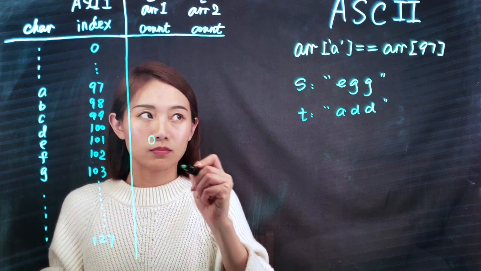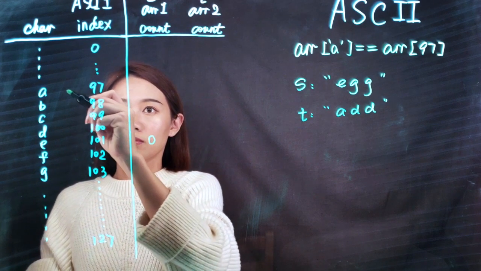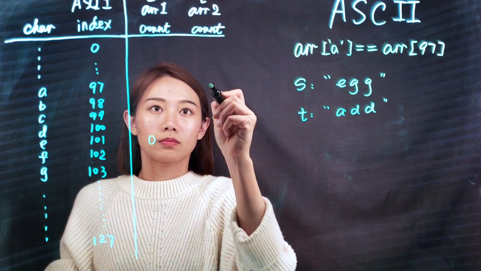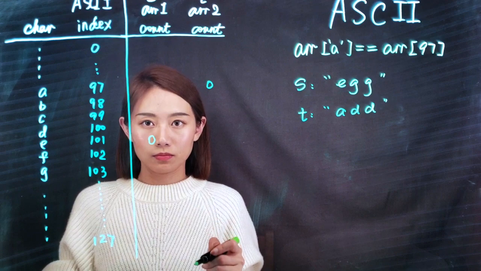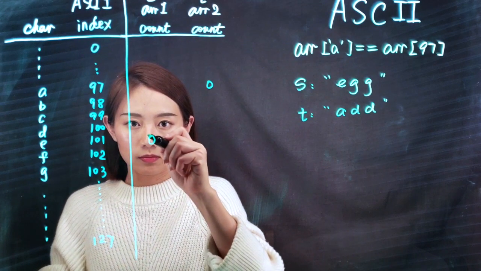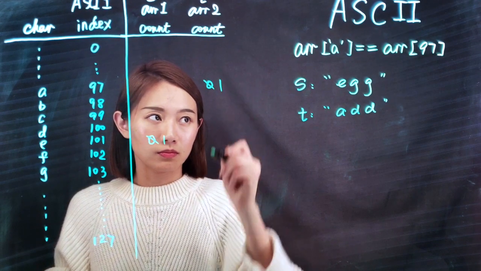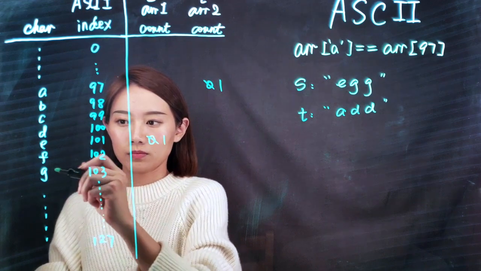As default, the array 1, 101 is 0 and array 2, 97 is 0. They are the same, so it means the count for occurrences for the two characters are the same. They are both 0. It means by now the two strings are isomorphic, so we simply add the count to our dictionary.